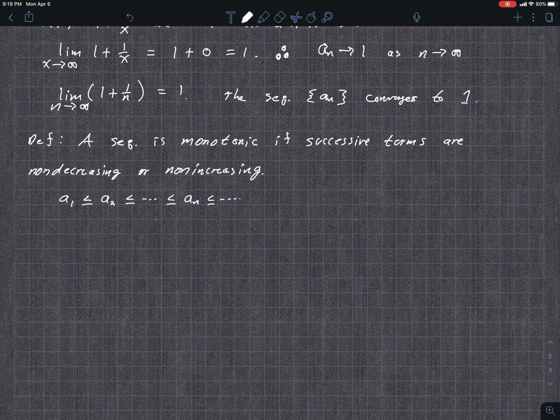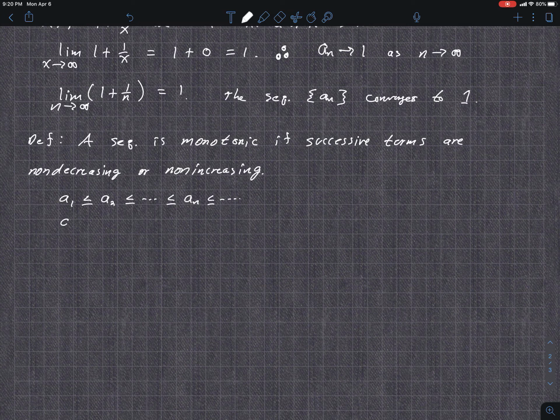In other words, it's always increasing or it's always decreasing. One or the other. They don't bounce around. They don't go from here to here and then back like this. It's always increasing or always decreasing.